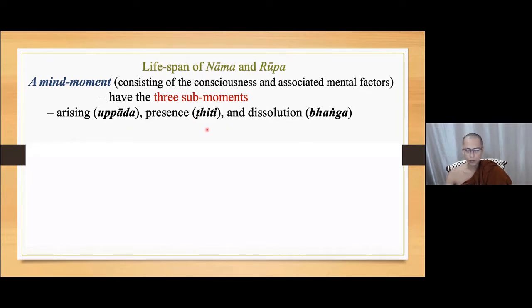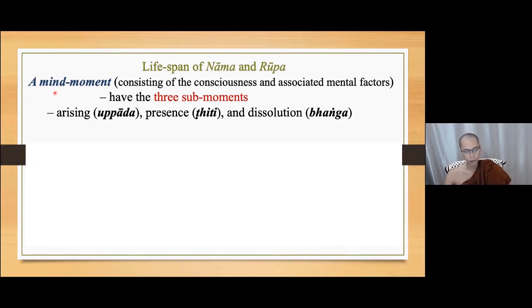There are some arguments about the possibility of the present moment. Some reject the present moment of the mentalities. So arising and dissolution: arise, come to appear, and vanish, disappear. Because their lifespan is very short, although we classify them into three phases, uppada, thiti, bhanga, that is a very short moment.